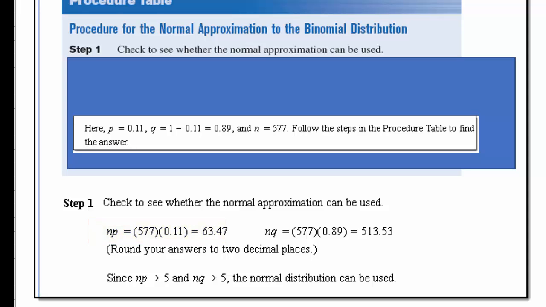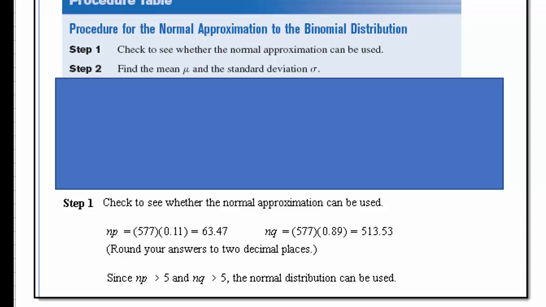Then if we multiply N times Q, remember that Q is 1 minus P, we come up with 513.53. Then we run the test: is NP greater than 5, and is NQ greater than 5? If they are, the normal distribution can be used.